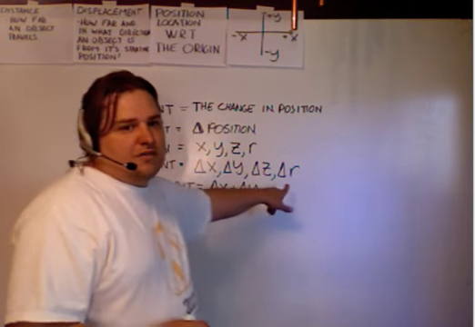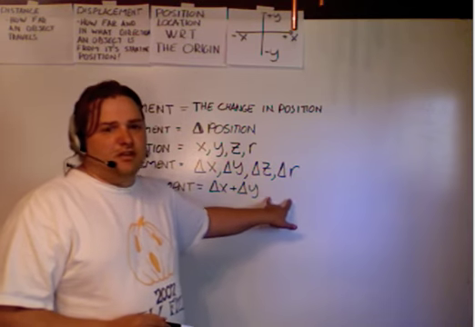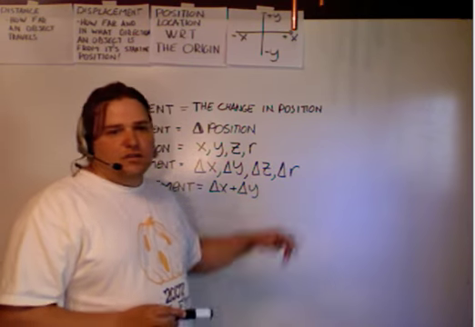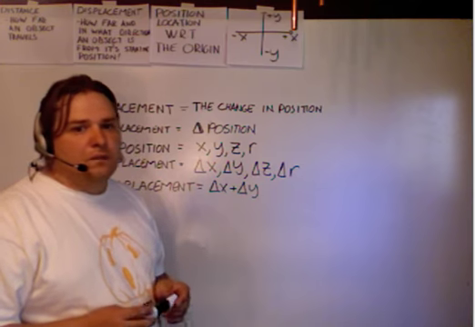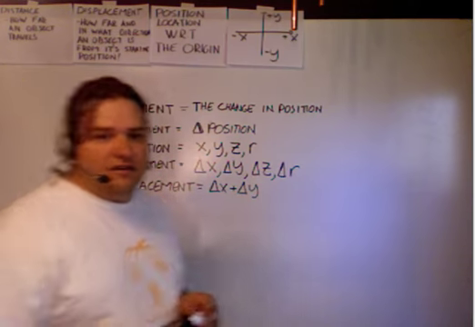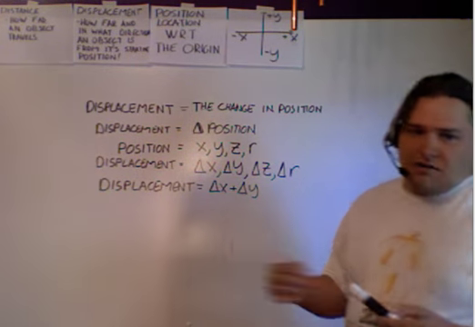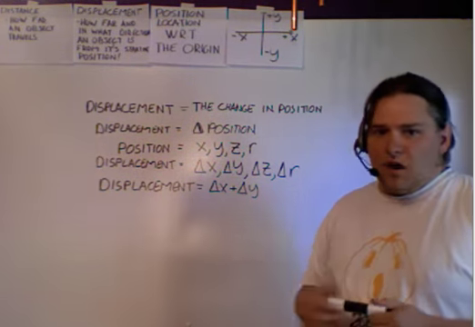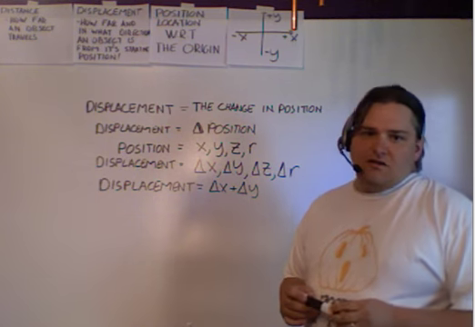That all can be related to R. So a lot of physics tests and texts that are a little more advanced will replace the X, the Y, and the Z with an R. That's also when we talk about fields, gravitational fields and electrostatic fields, that it'll be under R instead of under X, Y, and Z. Cool? So that's the mathematical definition of displacement.